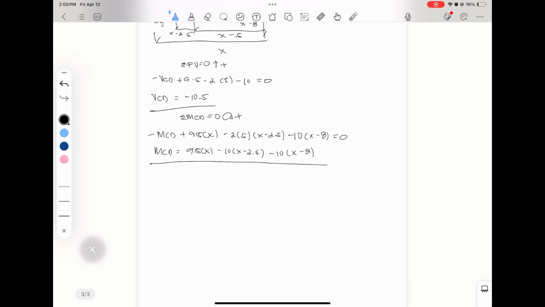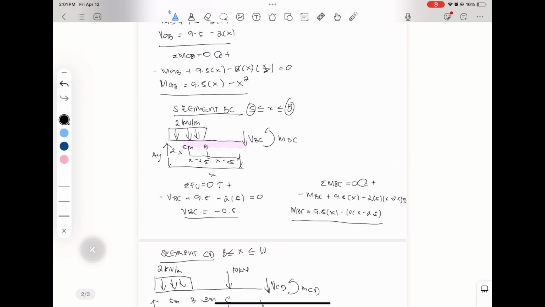So I'm just going to put a line here. Substitution of values to x. So first is segment AB.